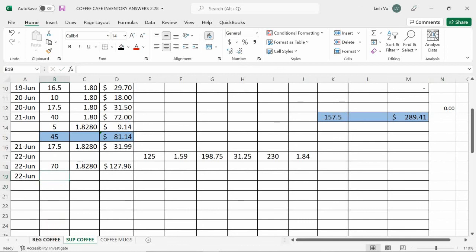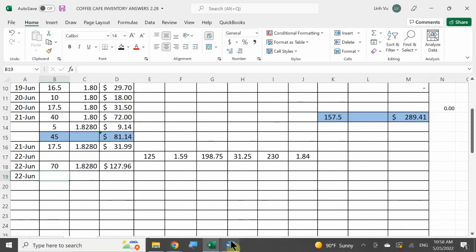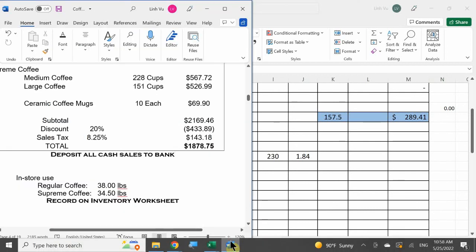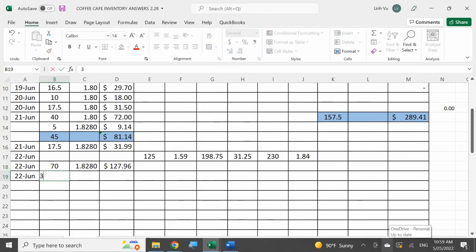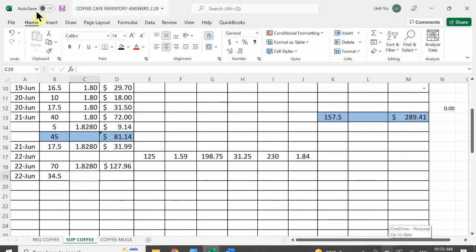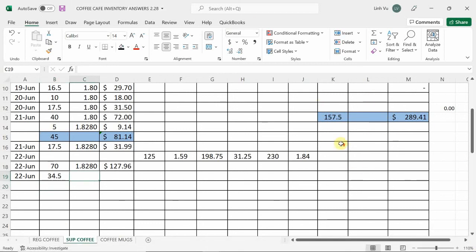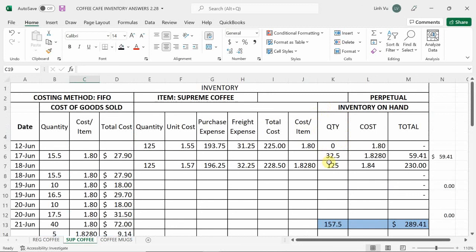Let's see. How many pounds did I use? I used 34 and a half. Now let's take a look at my inventory balances. I have one for 32 and a half. So I have to split my inventories, because I don't have enough from this batch.